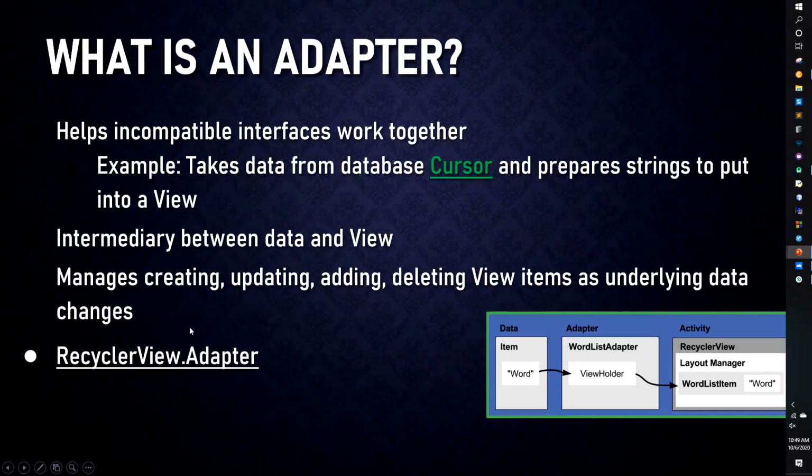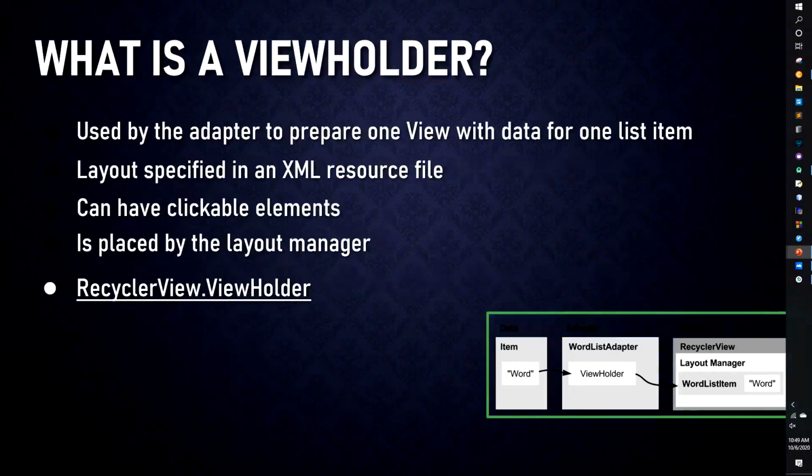So we extend RecyclerView.Adapter inside the class we created to be set as an adapter. The view holder is also something we have to create inside our adapter. It's used by that specific adapter to prepare one view with the data for one list item. We have many sets of data, so we have to specify one list view for one specific item, and we do that inside our adapter class.